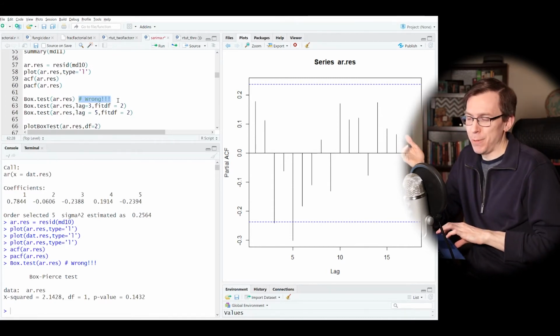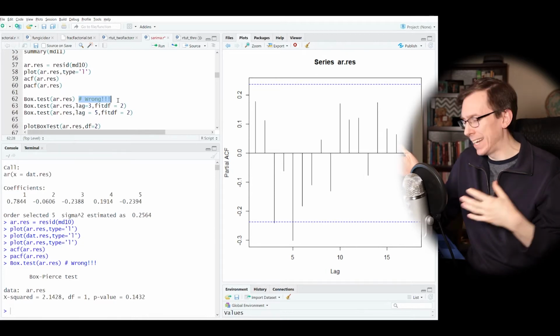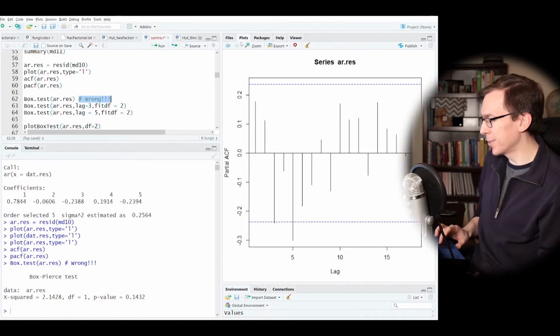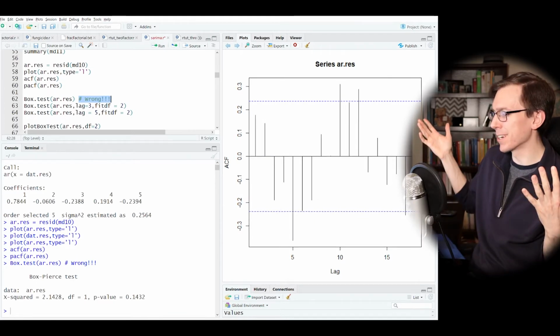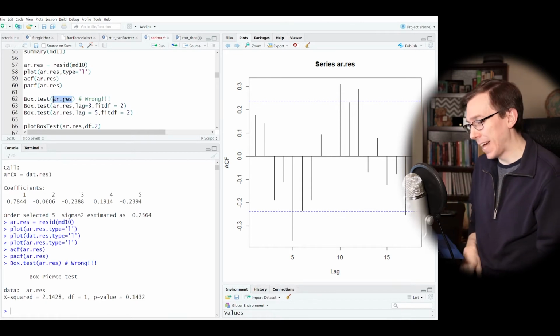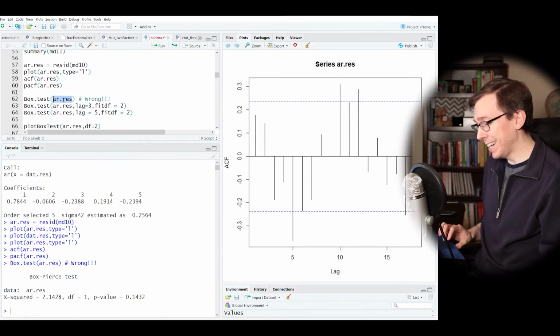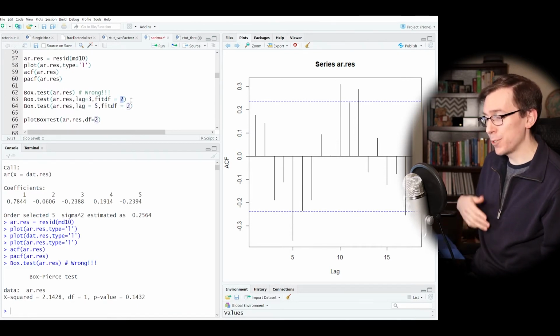Because what you might do is you might just think, I remember box test tells me whether or not these autocorrelations are significant or not, so I'm just going to take my residuals and shove them into box test. But that would run into some trouble because we forgot to account for the fact that we've actually fit a few parameters to our data.